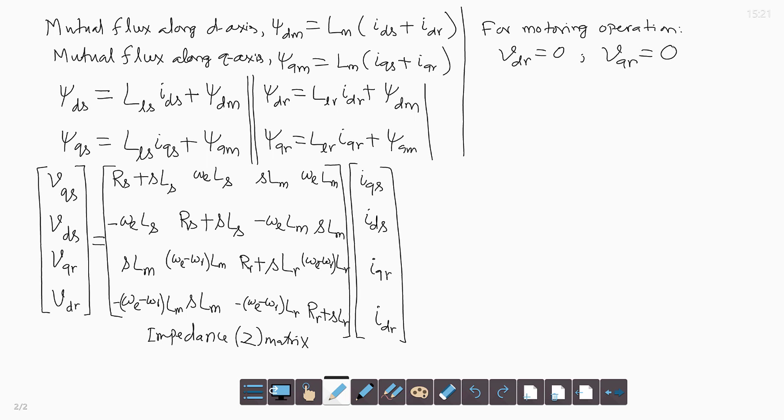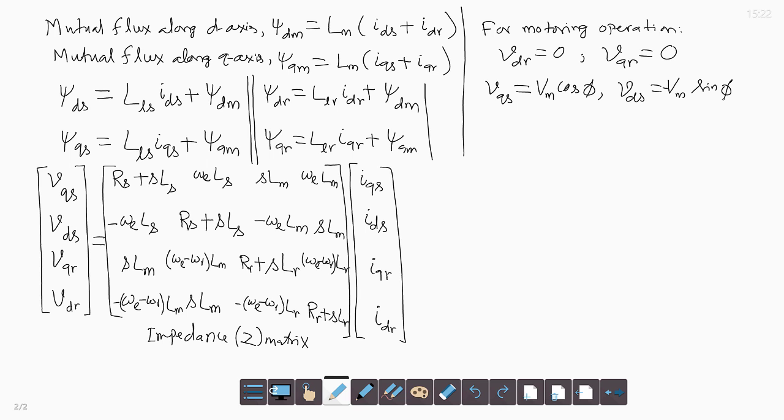So, we can use VDR, VQR equal to 0 in this matrix equation, and corresponding to the 3 phase sinusoidal supply voltages, VQS and VDS will be DC voltages, like we did in the last class. VQS is Vm cos phi and VDS is minus Vm sin phi, DC voltages.